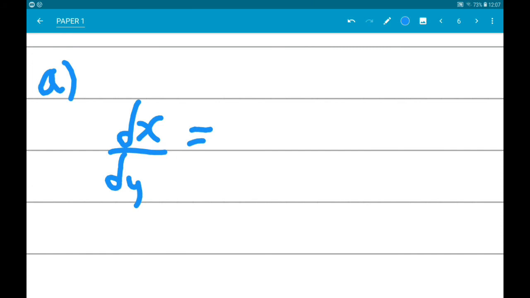So we have 4 times 2 cos 2y. So 8 cos 2y. So dy by dx is just the reciprocal of that.